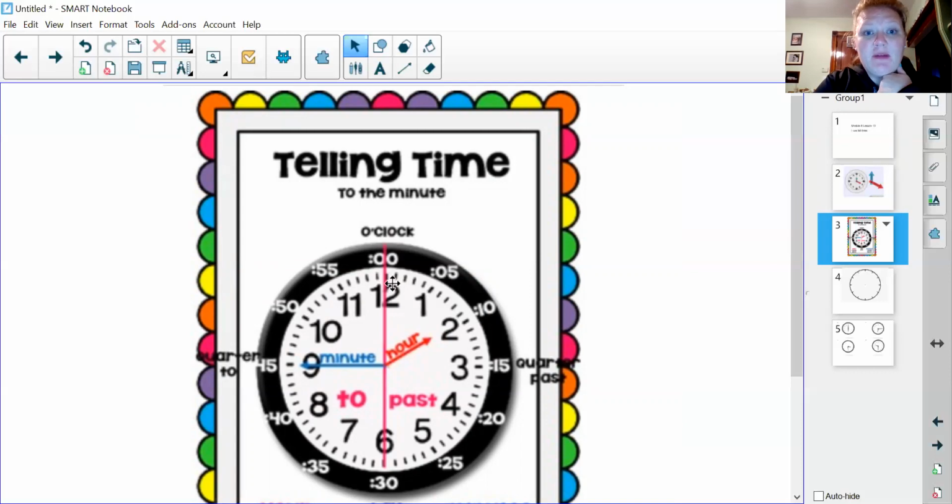So at the top, remember how I told you the 0, 0, that stands for o'clock. So now we start counting by 5s all the way around. So we have 5 at the 1, 10, 15, 20, 25, 30, 35, 40, 45, 50, 55, and then instead of doing 60, we go back up to the top for the 0, 0.